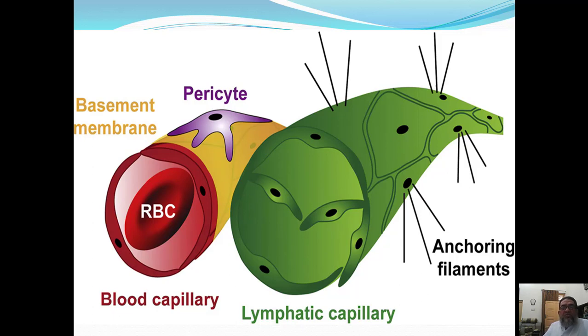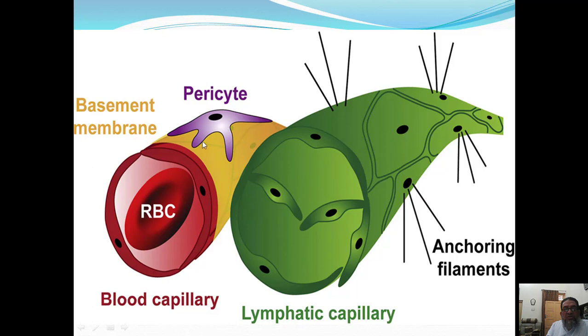Now this is the diagrammatic presentation of the difference between a blood capillary and the lymphatic capillary. Quite obvious. The blood capillary, a continuous capillary: endothelial cells have tight junctions between the two, no gap. RBCs are present, lined by the endothelial cells.